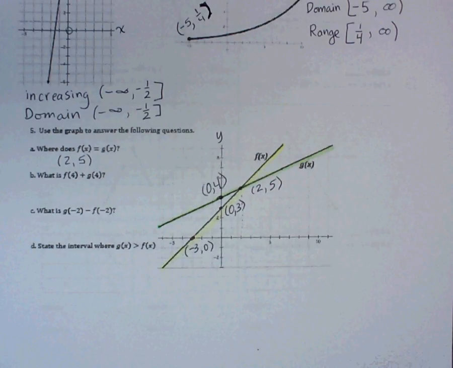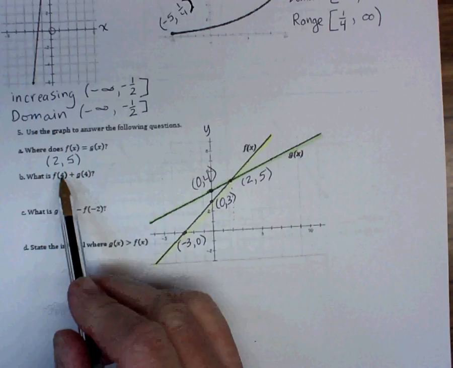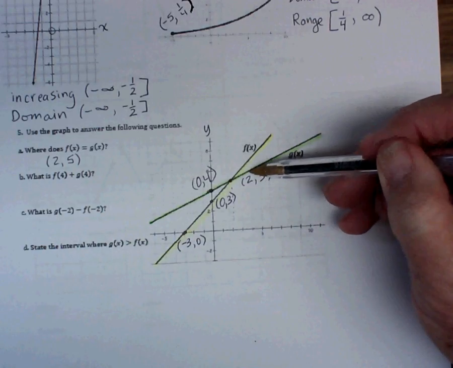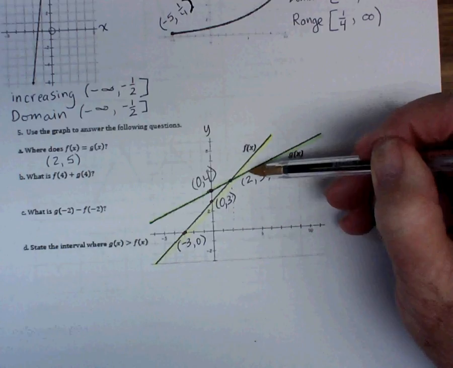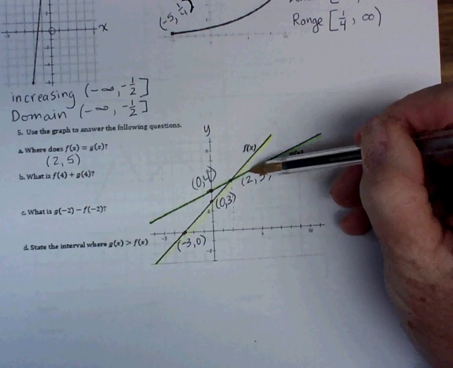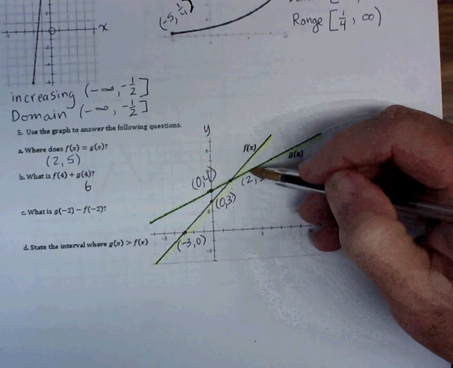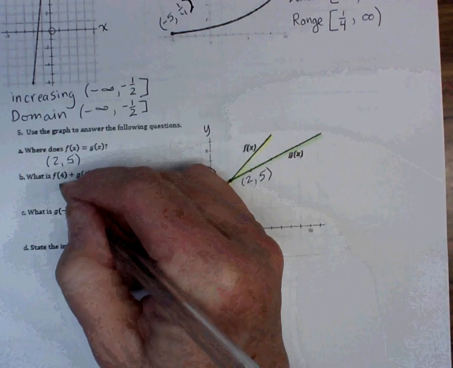I just have to see if x is 4, g of x is 6, and f of x is 7.